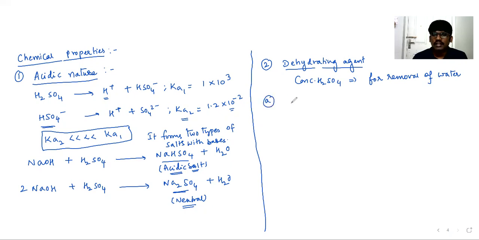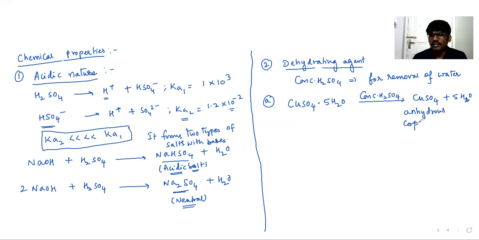If you take a reaction with hydrated salts, like copper sulfate pentahydrate, and it reacts with concentrated sulfuric acid, what will happen? CuSO4 plus 5H2O will be formed. So CuSO4·5H2O has become anhydrous copper sulfate because water molecules are lost. Similarly, if you take sucrose, this is nothing but charring of sucrose.